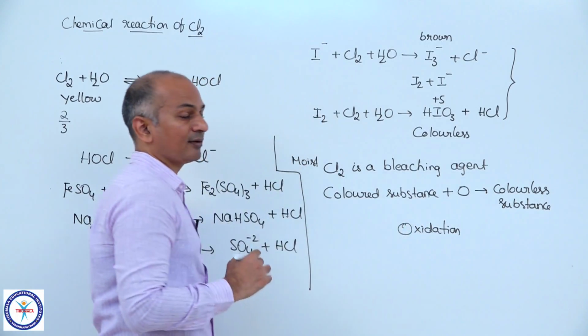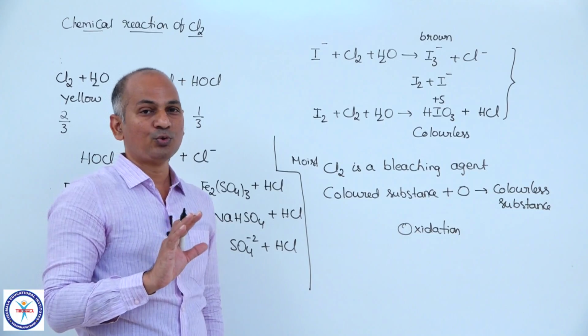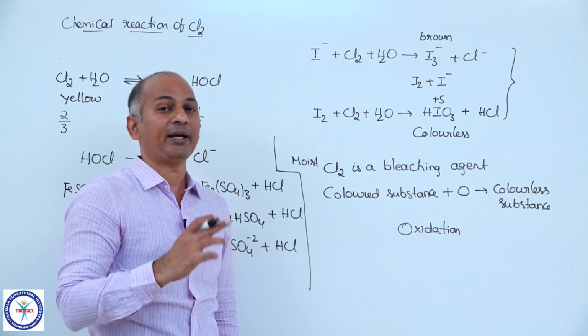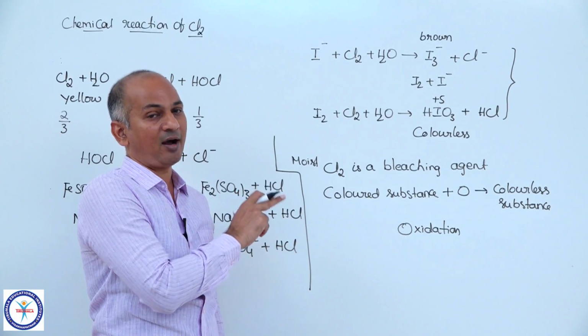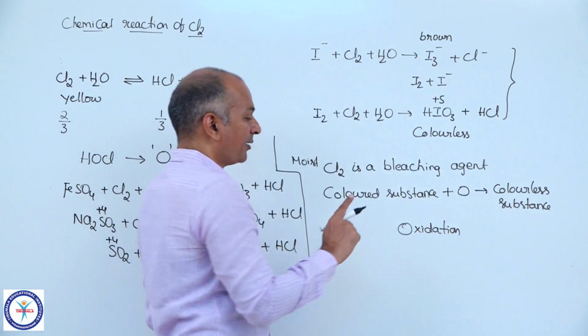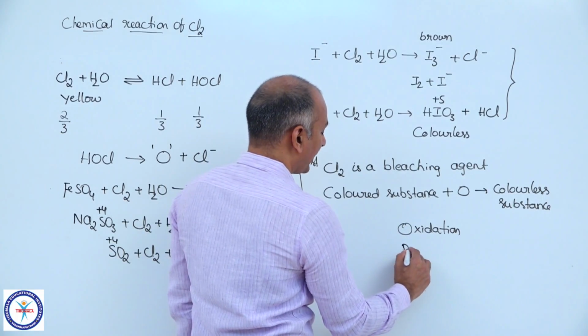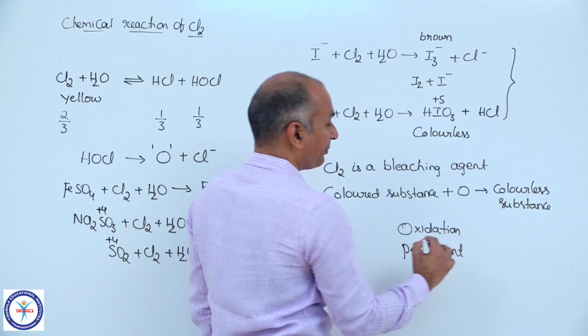And all of you recall, we have studied in group 16, SO2 is a bleaching agent by reduction, and chlorine is a bleaching agent by oxidation. Even ozone is a bleaching agent, that is also by oxidation. And the bleaching action of chlorine is permanent, but the bleaching action of SO2 is temporary.